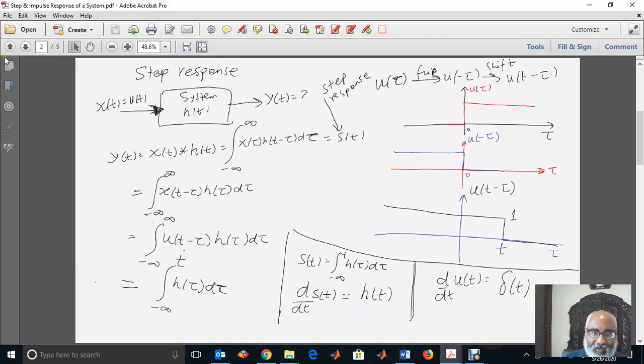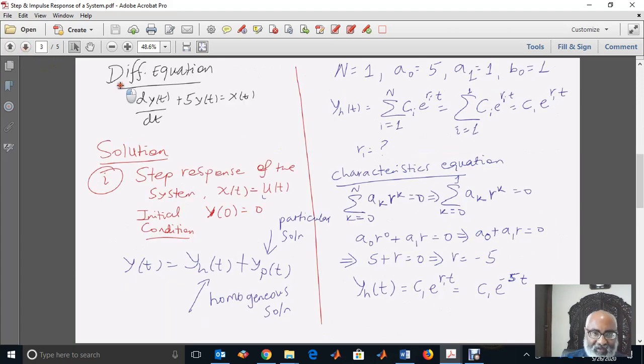Let's do the previous example. This is the differential equation for that system. Find the step response and the impulse response. One more thing: when we calculate the step response of the system here, we assume the initial condition is 0, and the same for the impulse response.